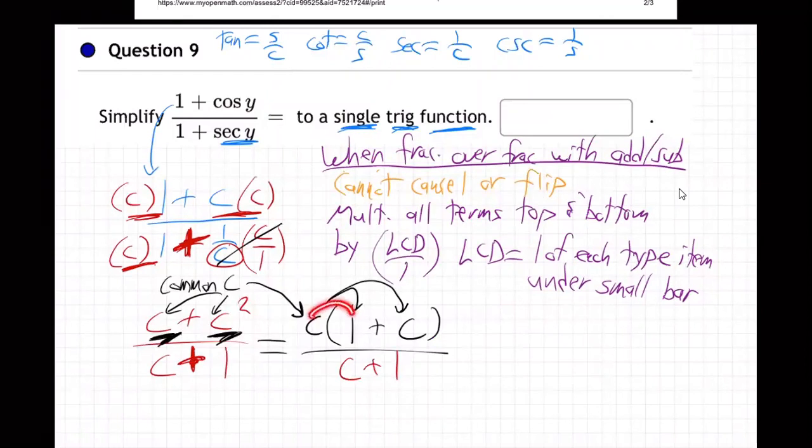So everybody see that? That's c times 1 and c times c would go back to c and c squared. That's called factoring. It's huge in higher math. Right, good. How do you know when to do that?